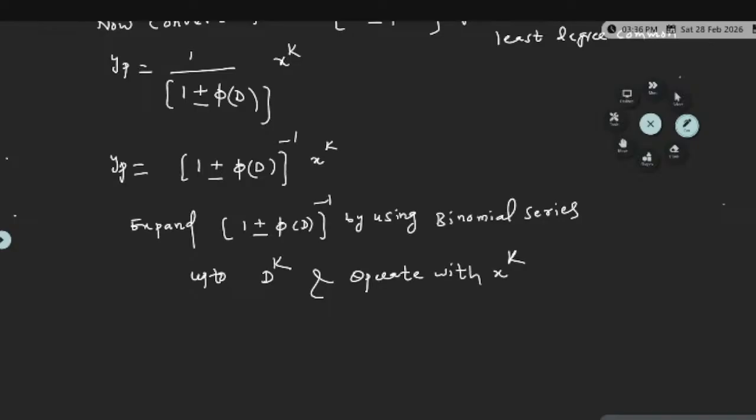We must expand this using binomial series up to D power k and operate with x power k. Okay?